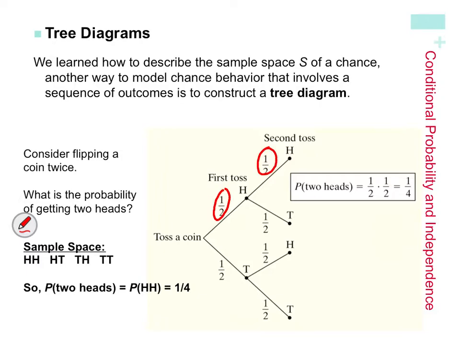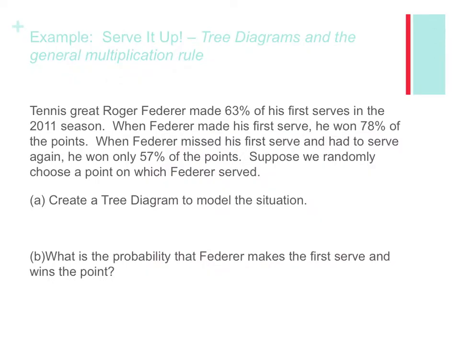The probability that the first would be tails and then the second one heads would be 1/2 times 1/2. Generally speaking, though, this is too simple for us, so we'll be looking at problems that are a little more complex.